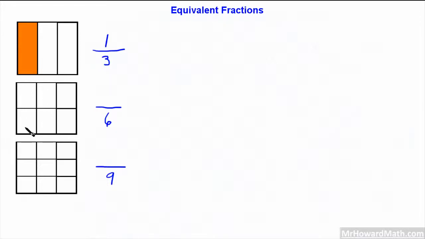So just looking at it visually, you can probably see to make these have the same amount of area shaded, we would need to do that again in the same color, orange. Okay, we would need to shade that, right? Can you see that that's equivalent? And then in the third one, we would need to shade all of this.